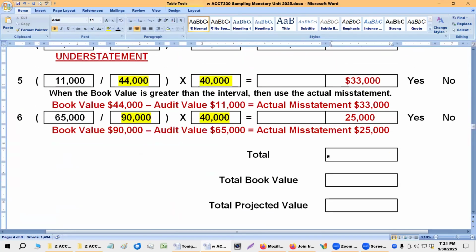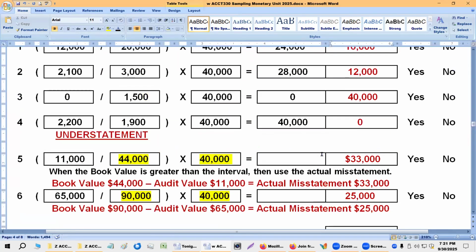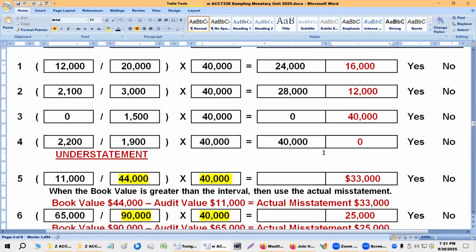Okay, so total projected misstatements. So 16 plus 12 plus 40 plus 30, and then 126. 126.